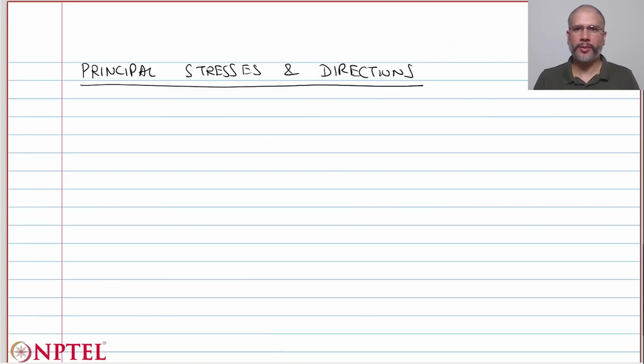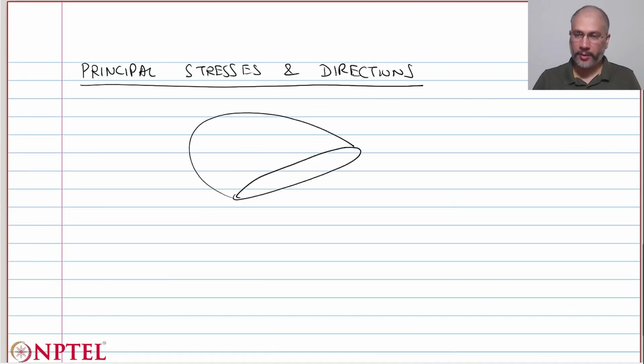Now we move on to the discussion on principal stresses and directions. So let's look at an experiment. We have an object with a cutting plane. This is a cutting plane.